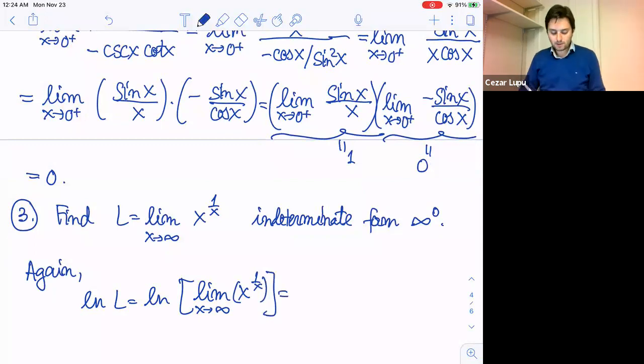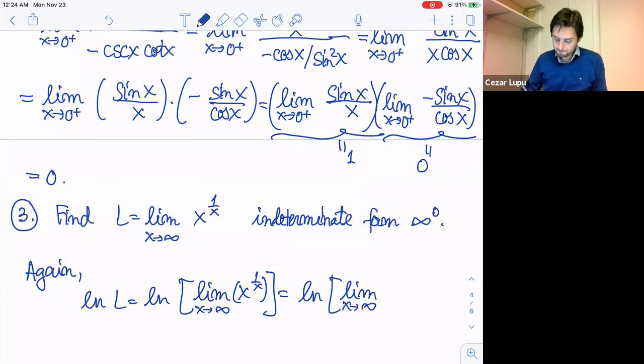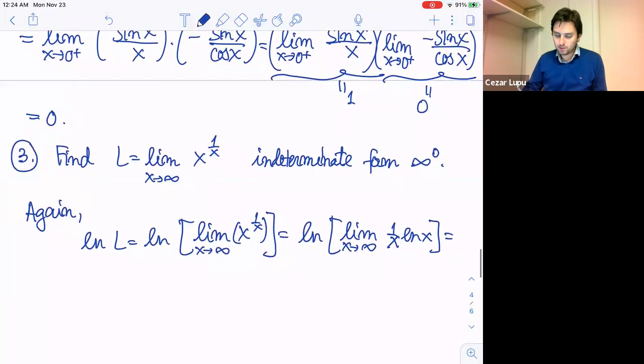And this would give us ln of the limit as x approaches infinity of 1 over x ln of x, and the log commutes with the limit.